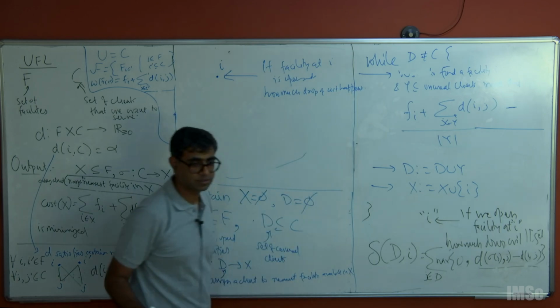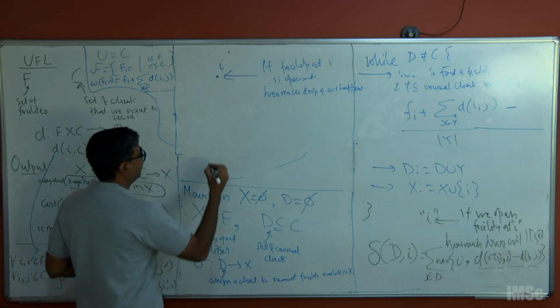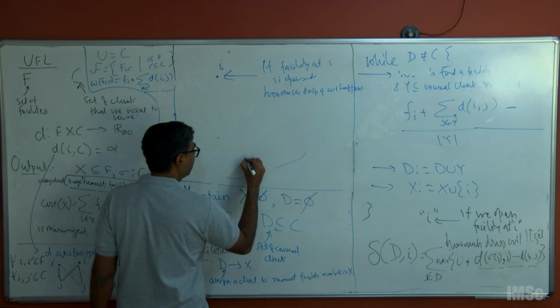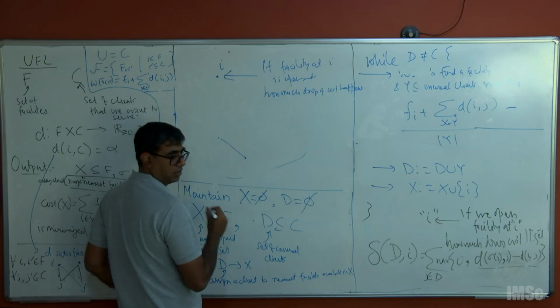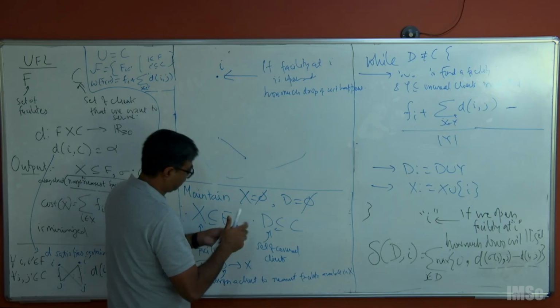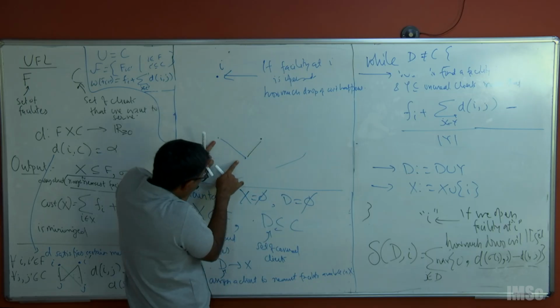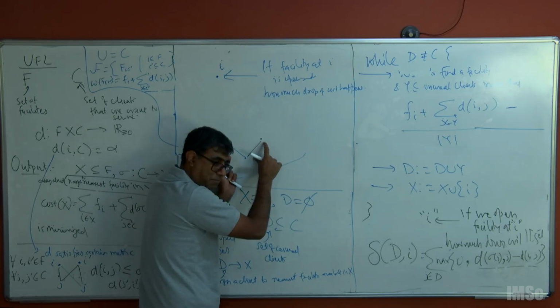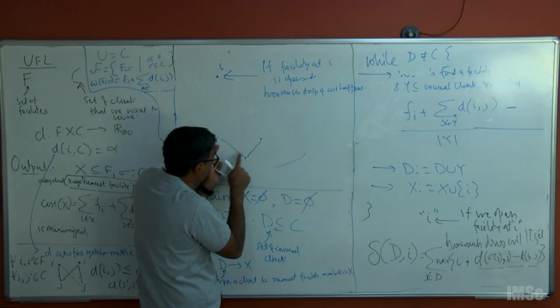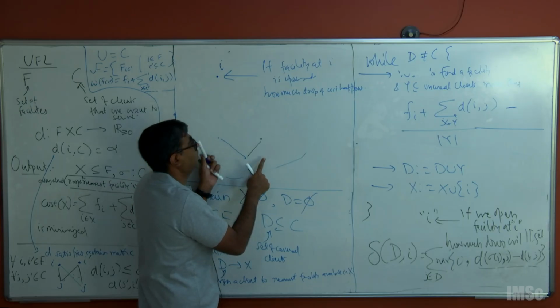This is what I want to understand, right? Because imagine that some client was going here. Now if he decides to go to the newly opened facility, he was paying blue, he's paying black now. So how much is the drop? Blue minus black. Is that fine? So this is what I'm trying to write.